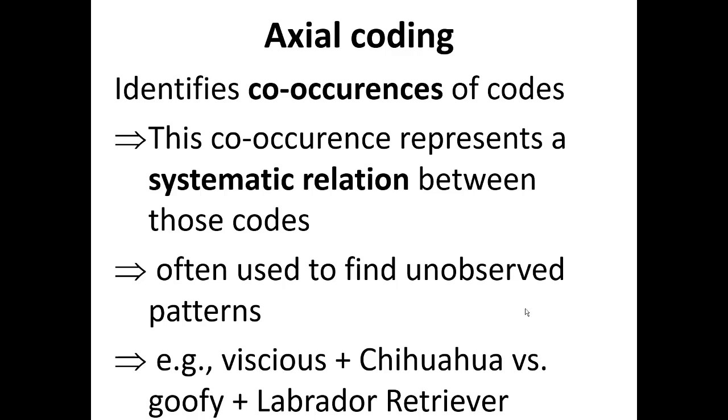An example for axial coding might be, what are the adjectives that are used to describe particular breeds of dogs? In my mind, vicious and Chihuahua frequently go together. So we have this adjective that describes vicious and Chihuahua.